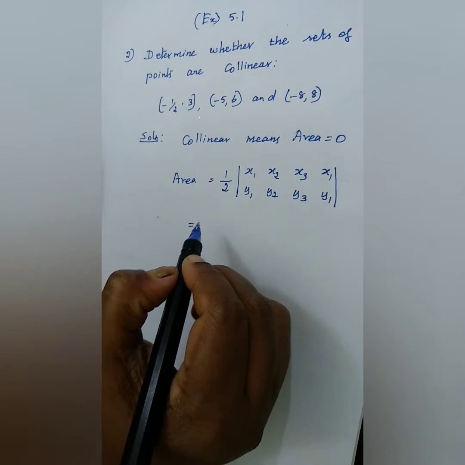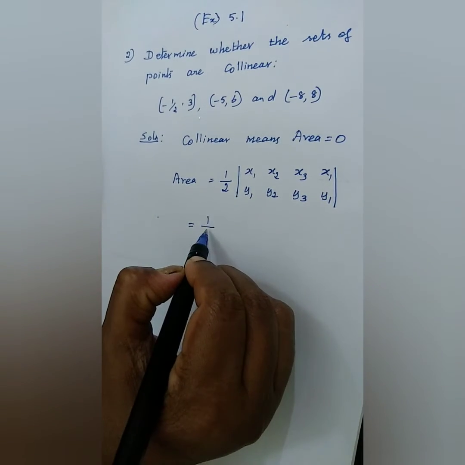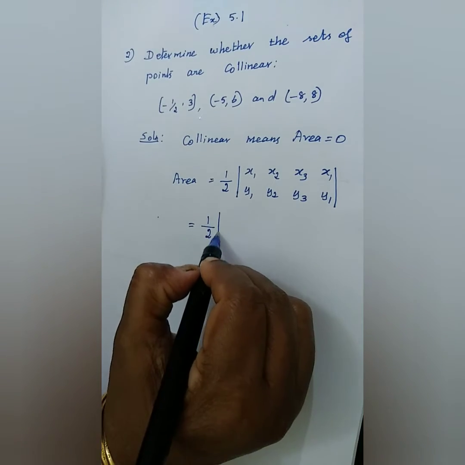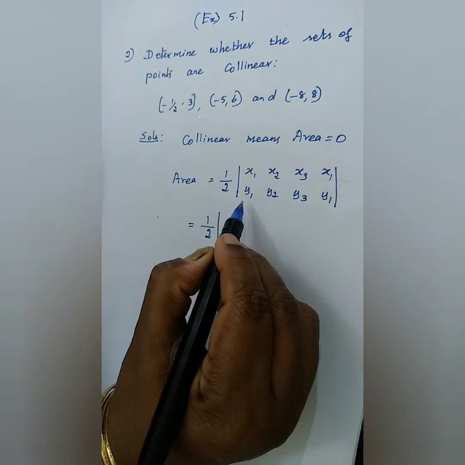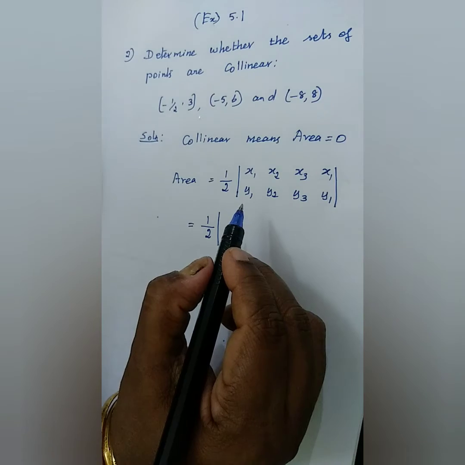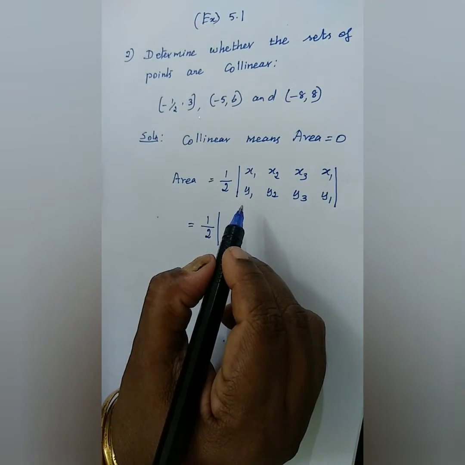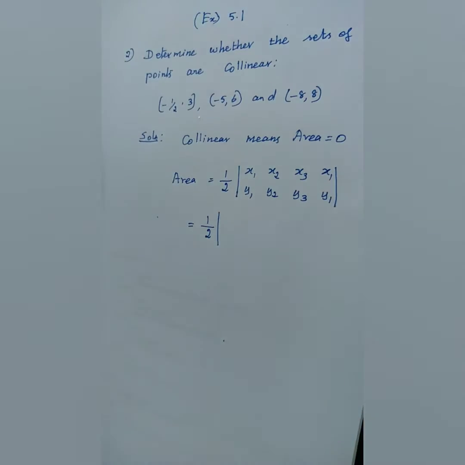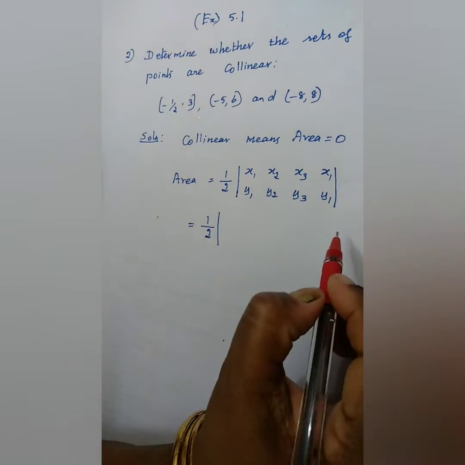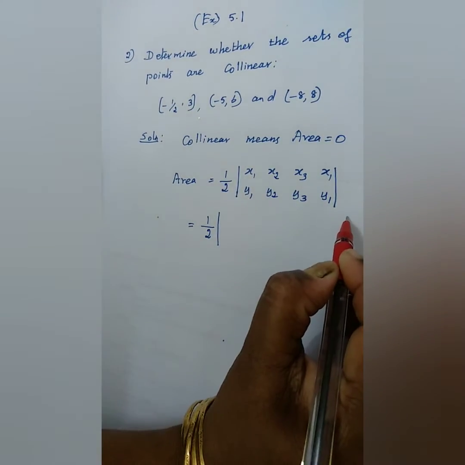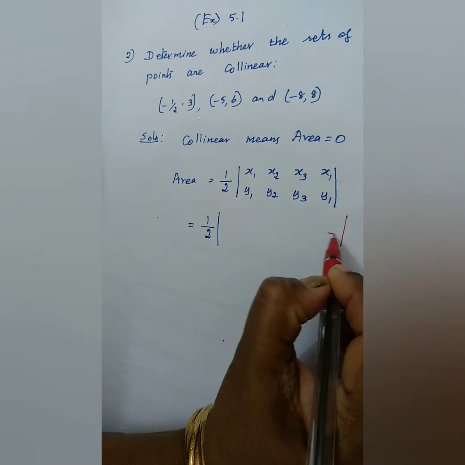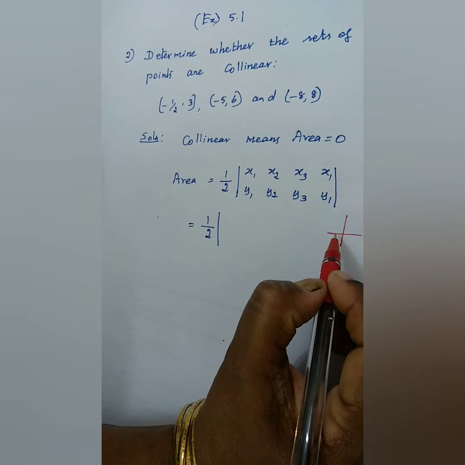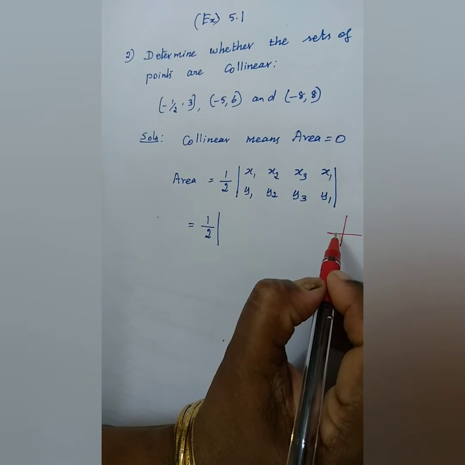Area is equal to half into, I'm going to apply the formula. x1 y1 is minus 1 by 2 comma 3. If you want, draw a rough diagram for this collinear problem also. Minus 1 by 2 means minus 0.5.